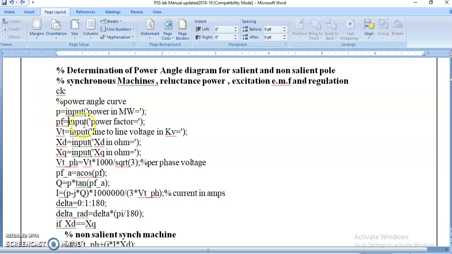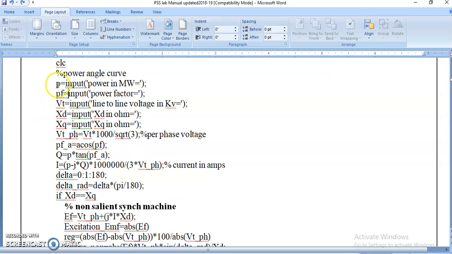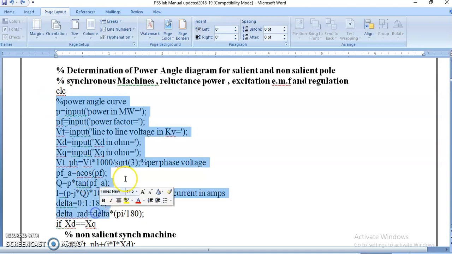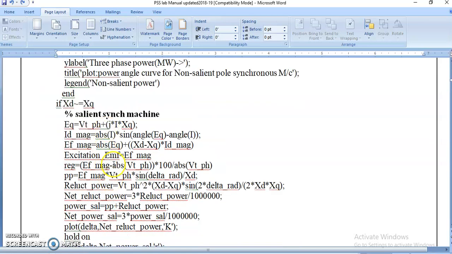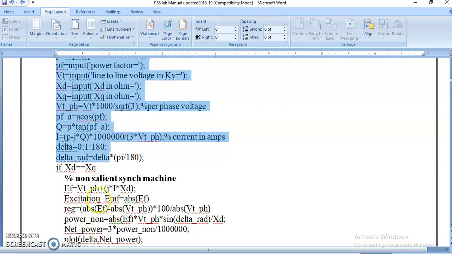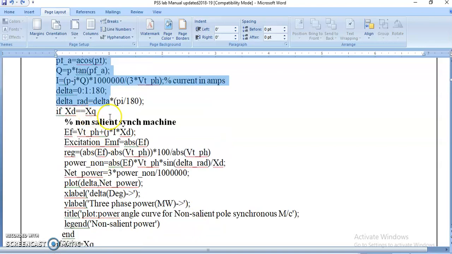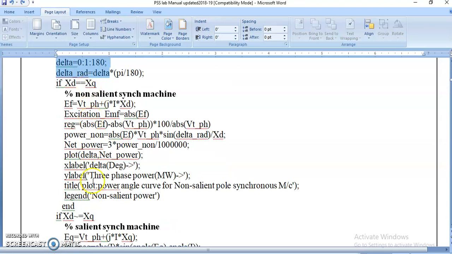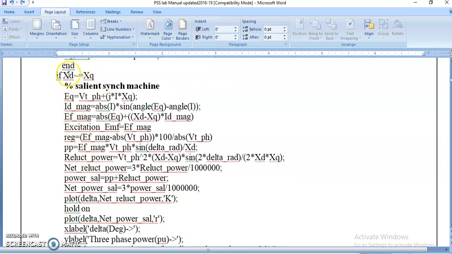One thing, here I am writing the programs one below the other, so this input is common for both. If you want to write both programs one below the other, then you have to write an if condition. First condition, both reactances equal, then it executes for non-salient. Second condition, both reactances not equal, then it executes for salient pole synchronous machine.